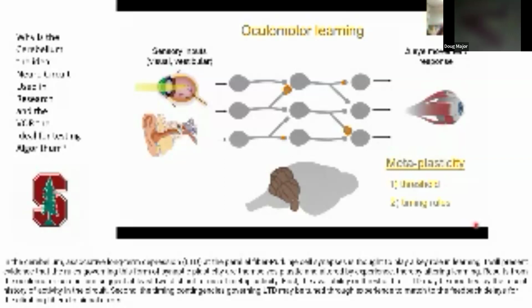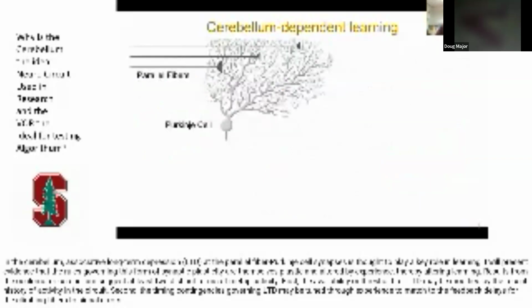So changes in threshold and timing requirements for inducing associative plasticity in learning. And in both cases, we'll be talking about the classic parallel fiber to Purkinje cell synapses. And I'm sure you're all familiar with this textbook model of cerebellar learning, but I'll take you through it and then map oculomotor learning onto this.